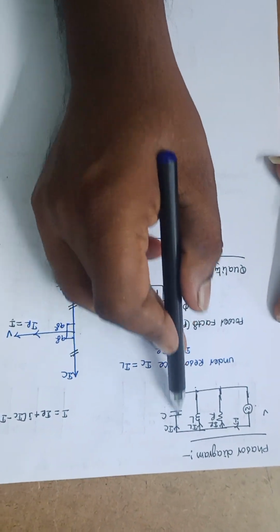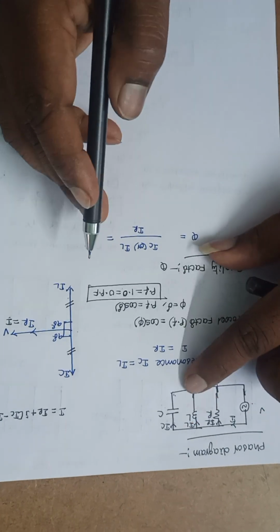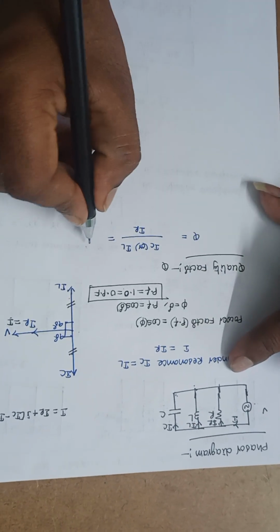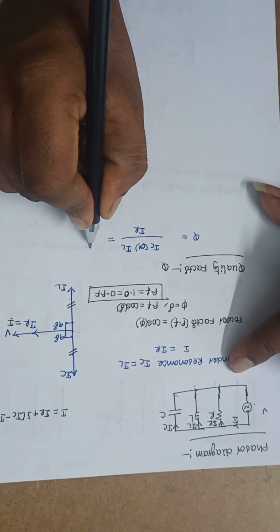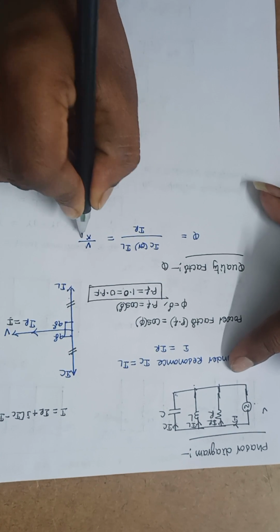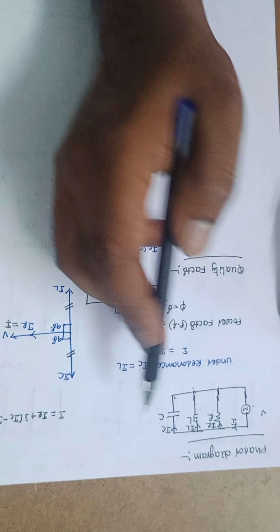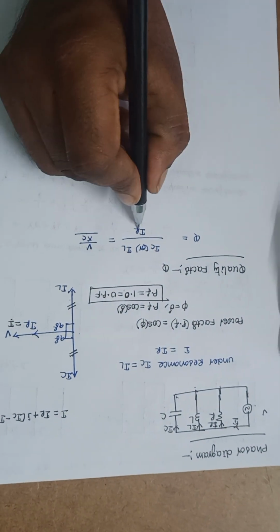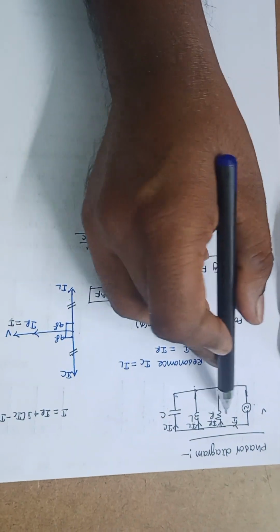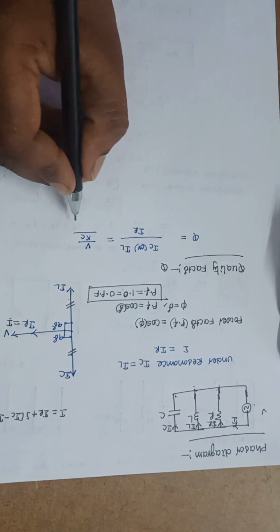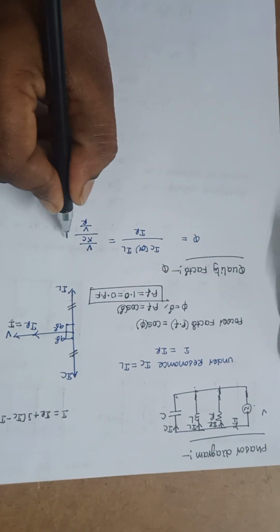IC is the current flowing through the capacitance, so I can write IC is equal to V divided by XC. The voltage across this element V divided by XC is nothing but IC, and IR is the voltage across the resistance divided by R.